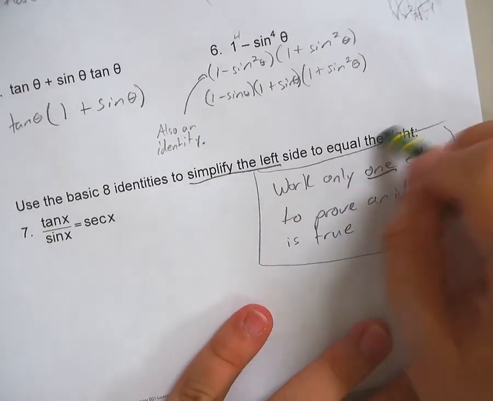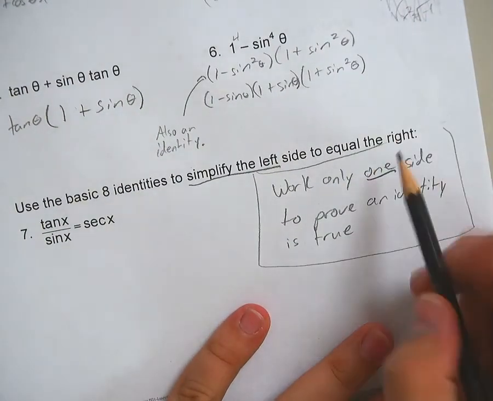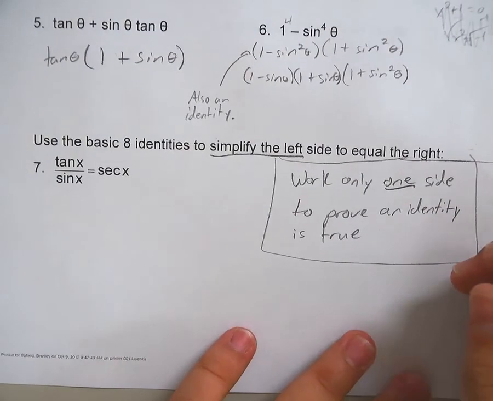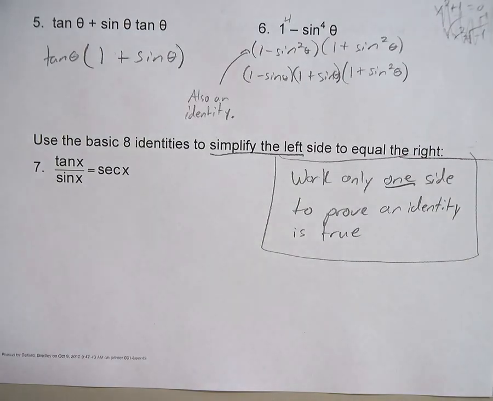I am going to work with only one side to prove an identity is true. Meaning I'm not going to touch secant x, not yet.